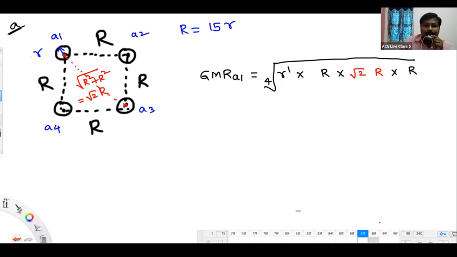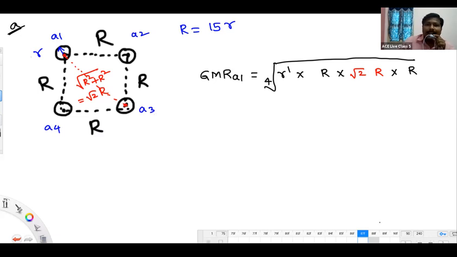I think all of you are getting this. Is it okay? What is the GMR of A2? Just observe, I will read the distances. A2: r dash; A2 to A1, capital R; A2 to A3, capital R; A2 to A4, root 2 R. You will get the same numbers, right?